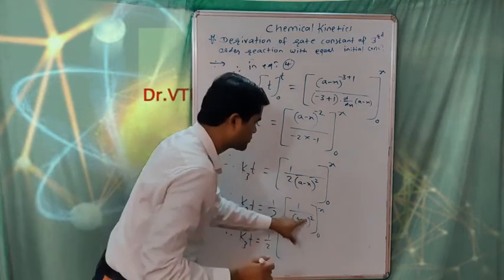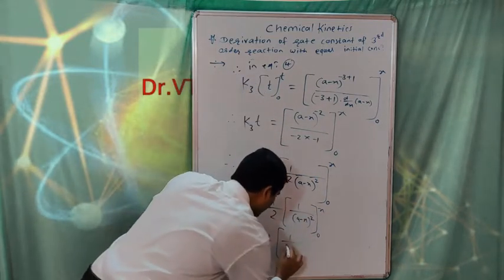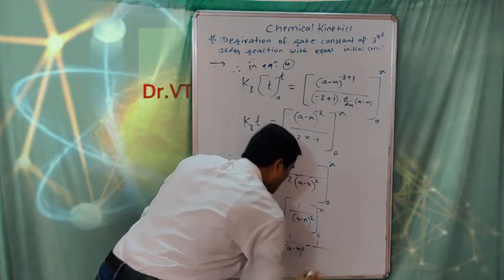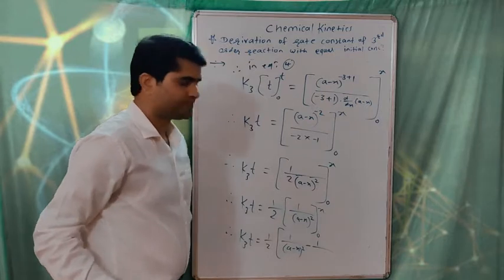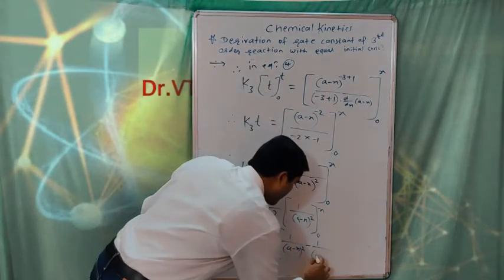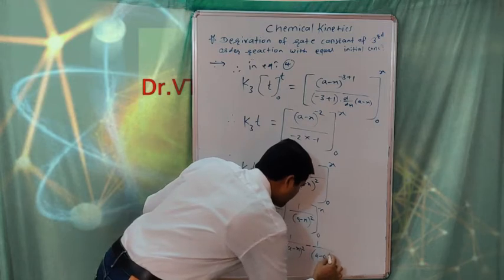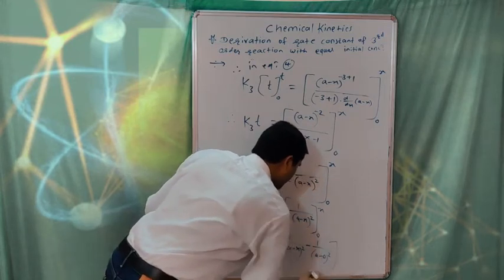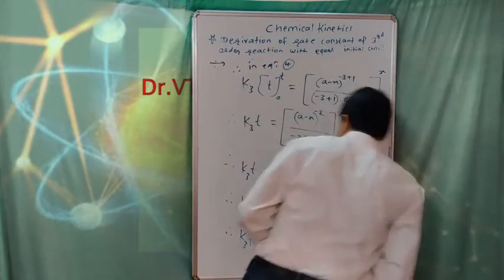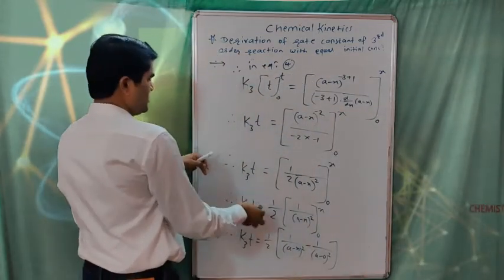Upper limit, instead of x we have to put x, but already x is there. So 1 upon (a minus x) bracket raised to 2, minus 1 upon, instead of x, lower limit, we have to put 0. So (a minus 0) bracket raised to 2. So a minus 0 is a, and you can write by solving this one.